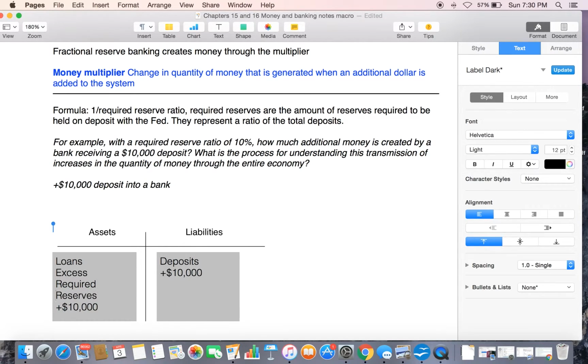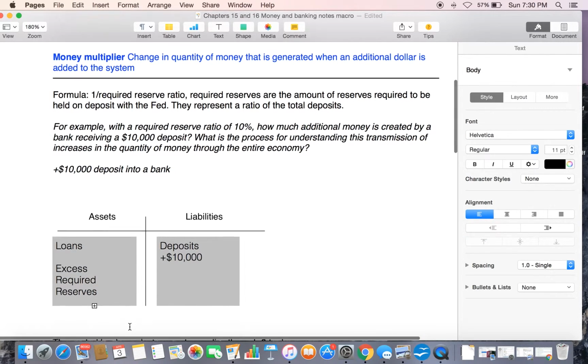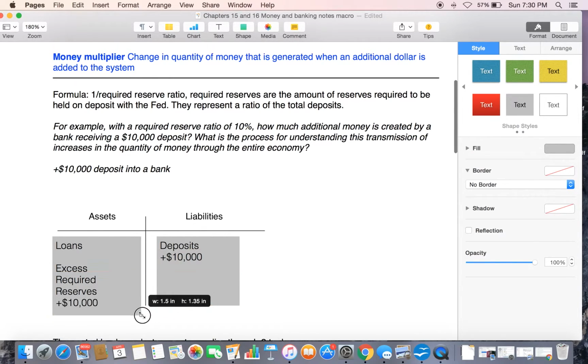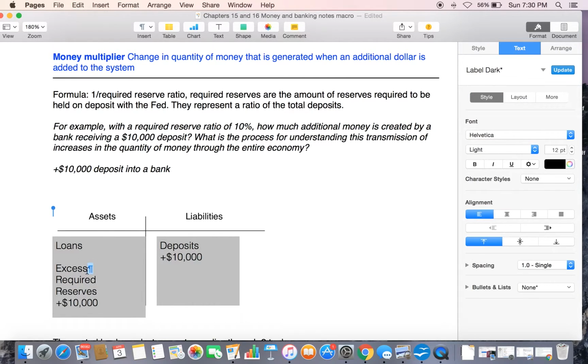And so the reserves will actually be comprised of what is required to be held and what is in excess. So 10% of 10,000 is going to give us $1,000. So they're only really required to hold $1,000 of the $10,000 deposit, and $9,000 will go into excess reserves.